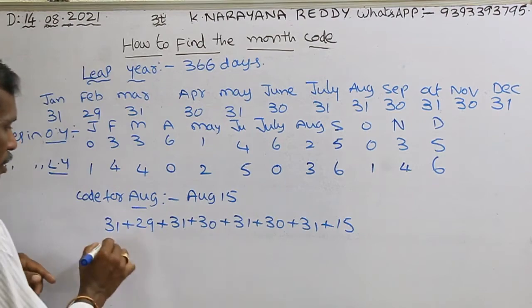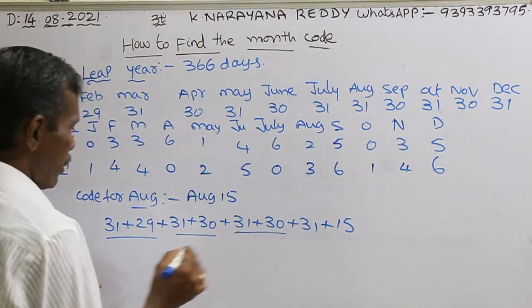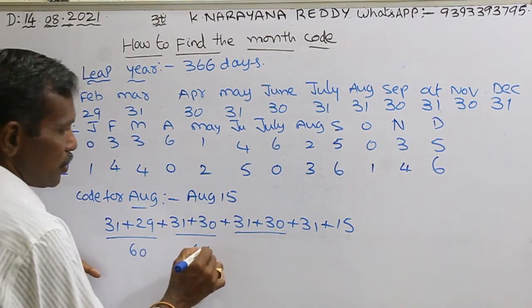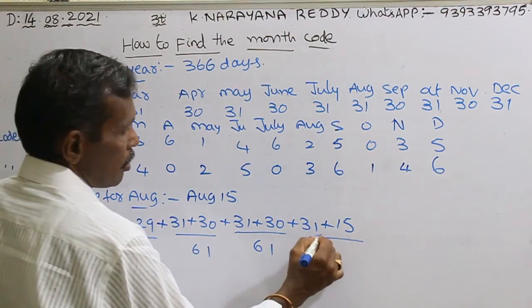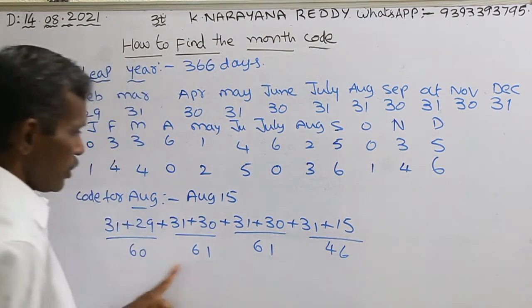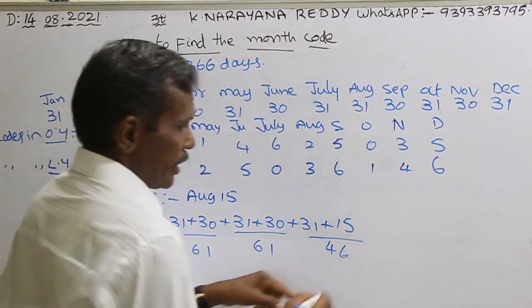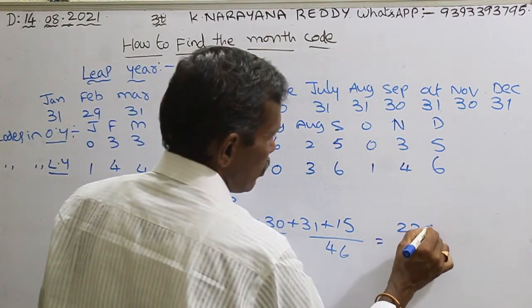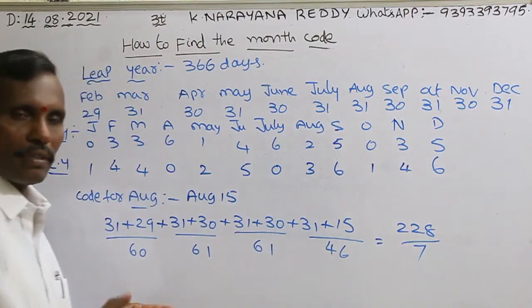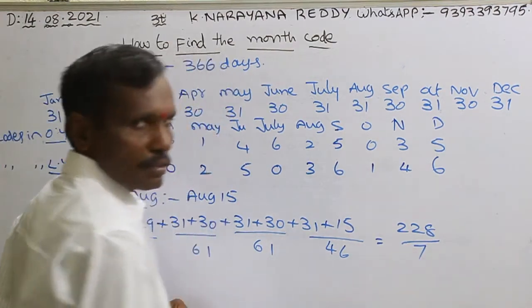That's all. Now take pair 60, 61, 61, some 46. 3 6 182, 188, 228. By 7. Why are you dividing by 7? You know. We guess 7.